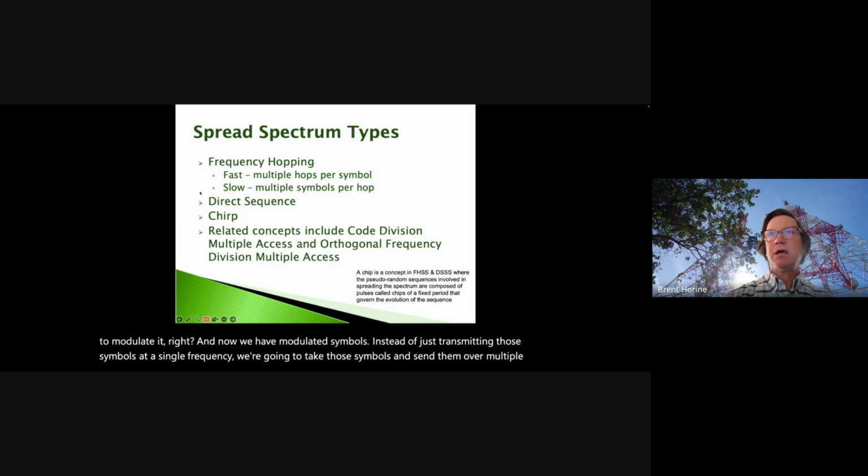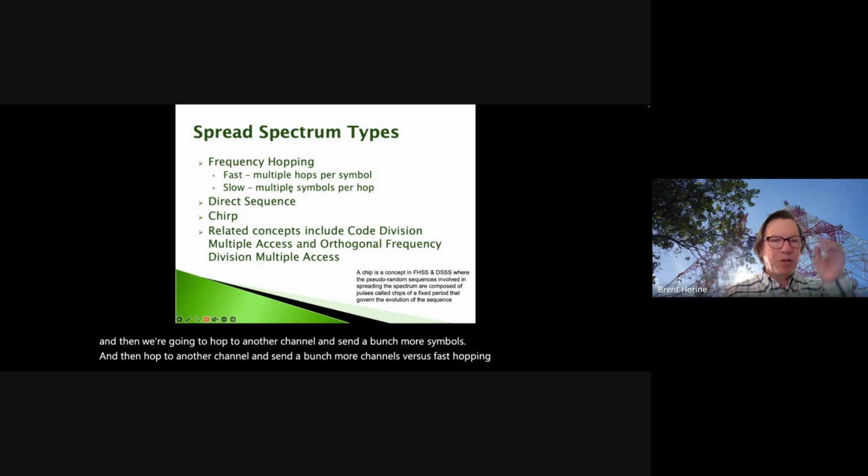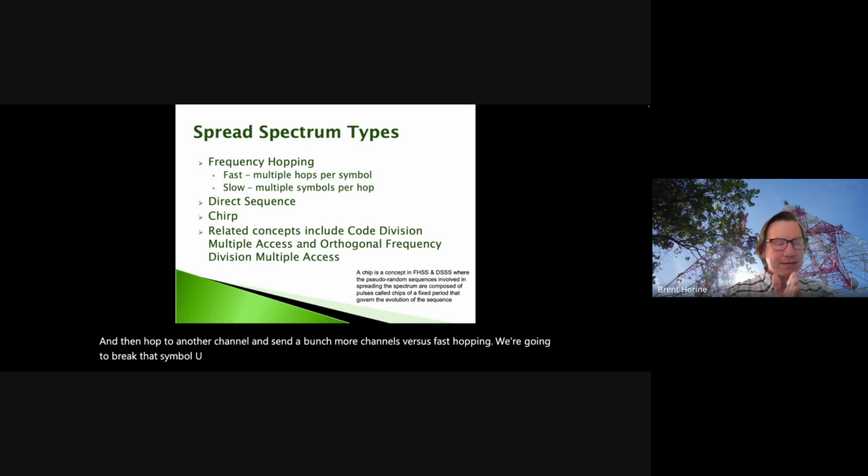Now the question is, on slow frequency hopping, we're going to send a bunch of symbols per hop, and then we're going to hop to another channel and send a bunch more symbols, and then hop to another channel and send a bunch more. Versus fast hopping, we're going to break each symbol up, and send portions of that symbol at different frequencies, right?